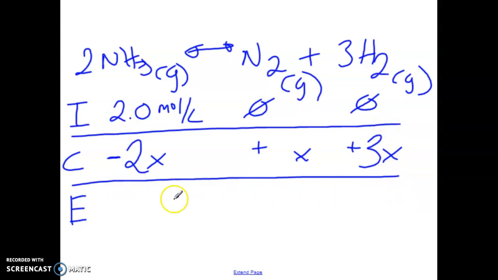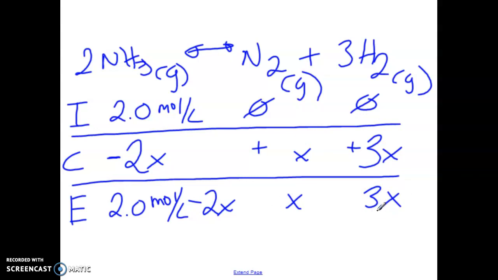Your equilibrium row is essentially your initial plus the change. So here we would do 2.0 moles per liter minus 2x, right? Initial plus the change. Here we're going to have 0 plus x, which is x. And here we're going to have 0 plus 3x, which is 3x.